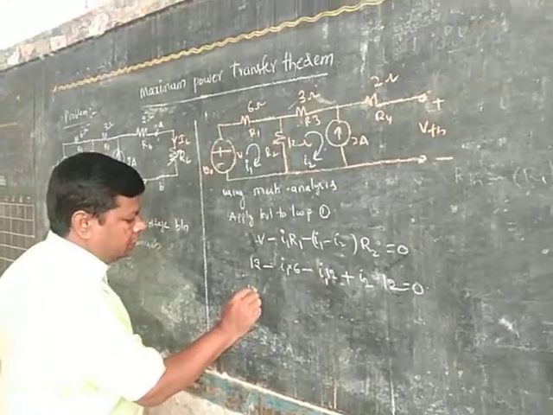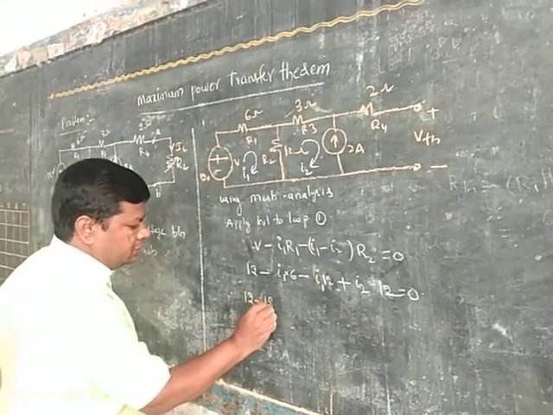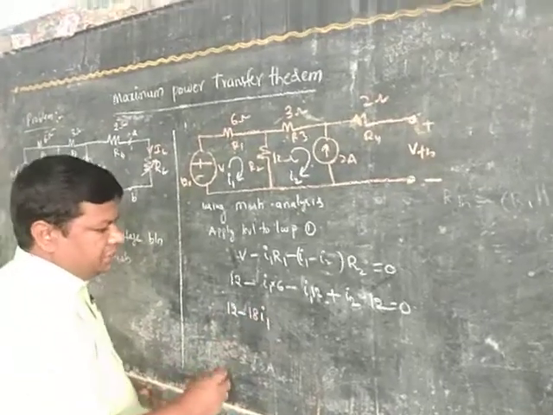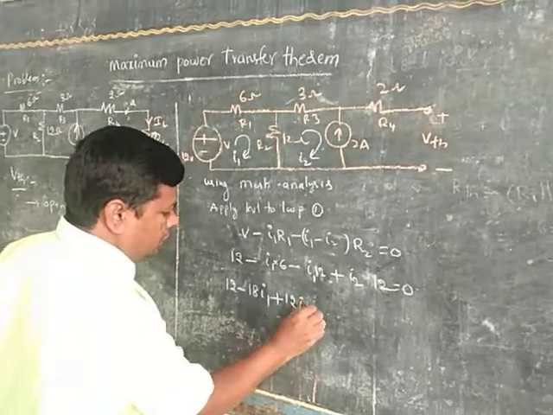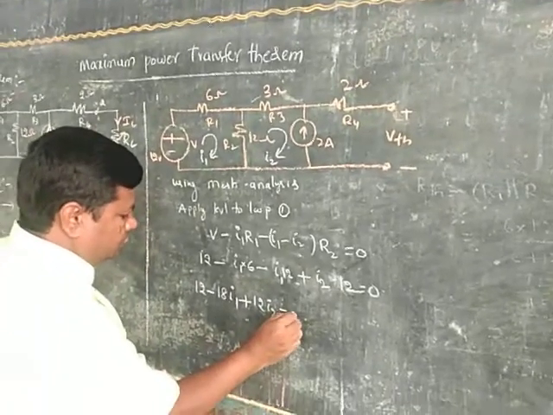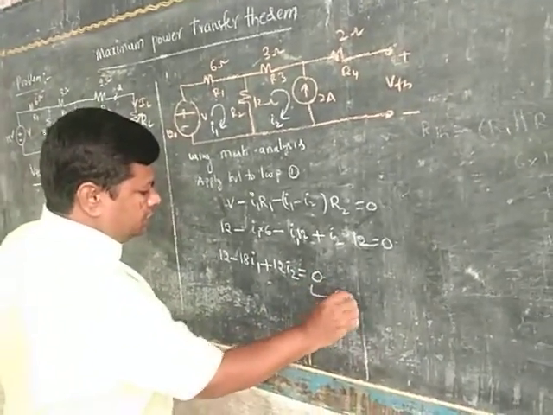Then 12 minus 18 I1 plus 12 I2 equals 0. This is expression 1.